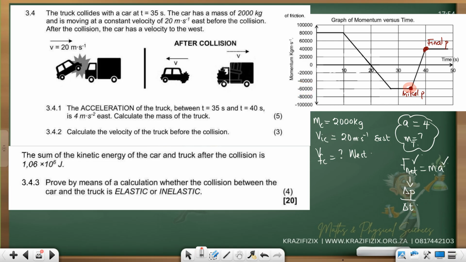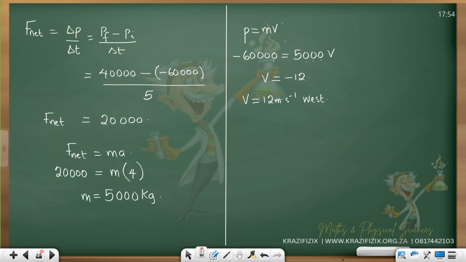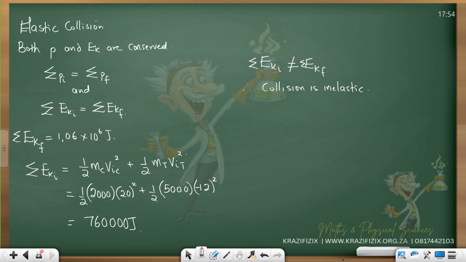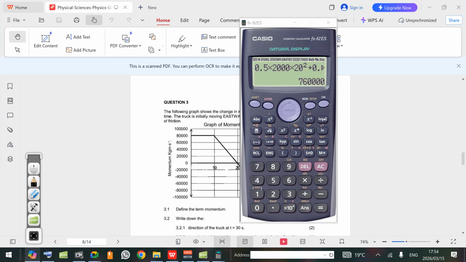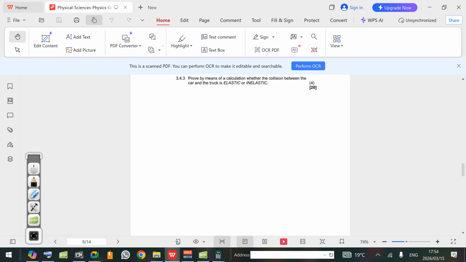All right, and the final one, inelastic. I hope everyone is okay with the last one. Everybody okay? So just knowing your definitions and when to apply them, really, really important. Okay, let's go to the next one.